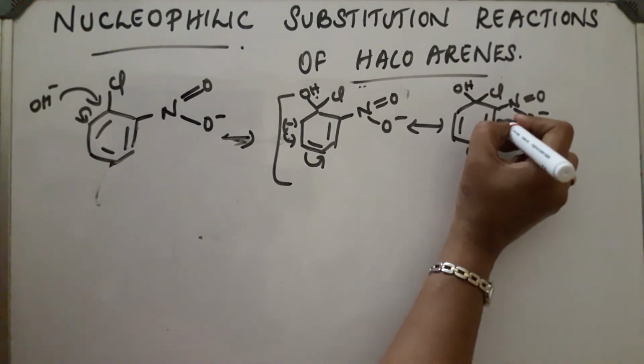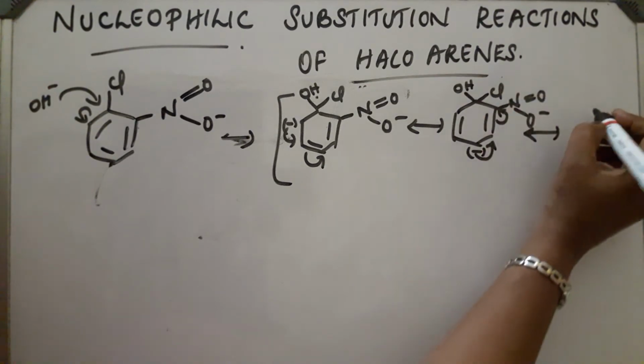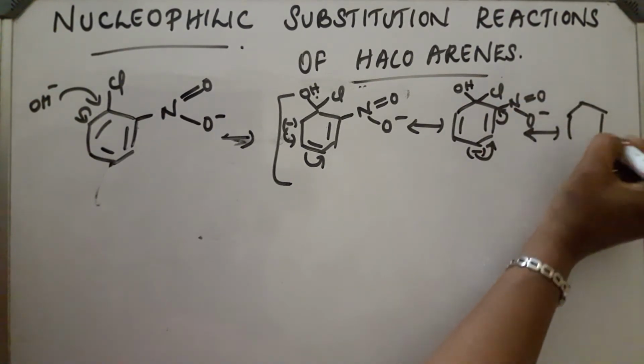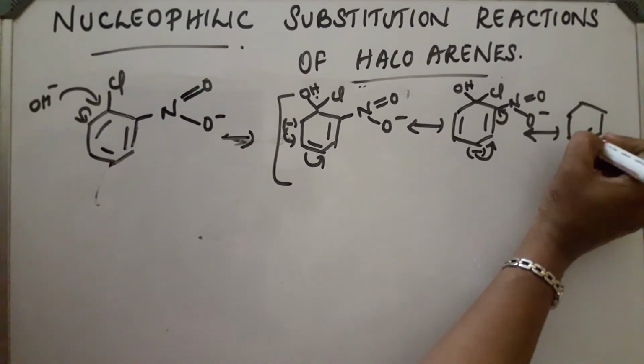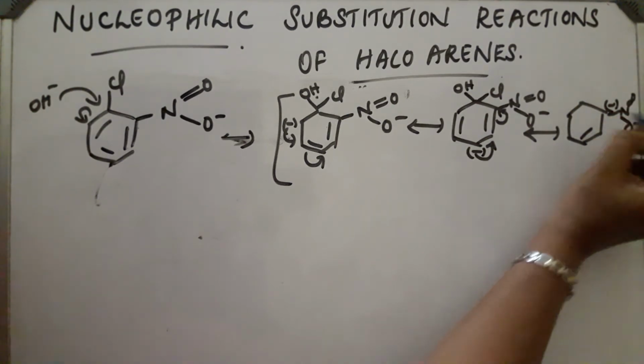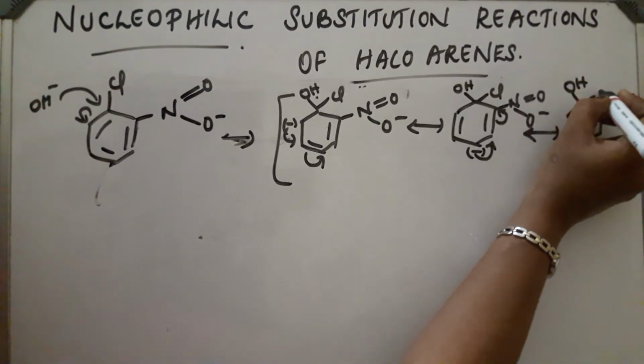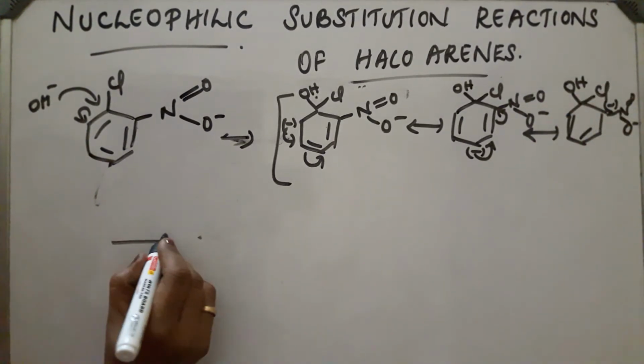Here also there will be a negative charge in the ortho position, so this NO2 withdraws electrons. Minus charge here, N double bond O minus. These are the slowest steps. Next is the fast step.